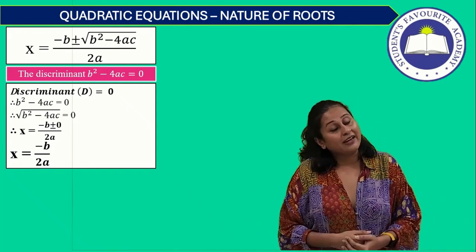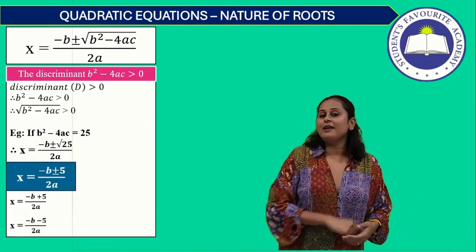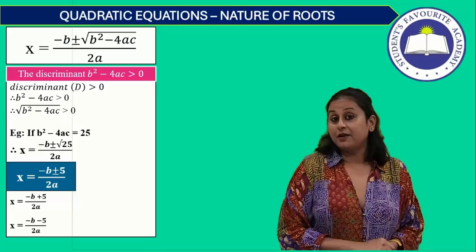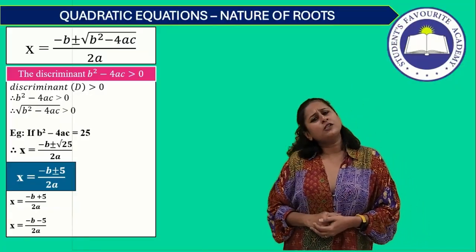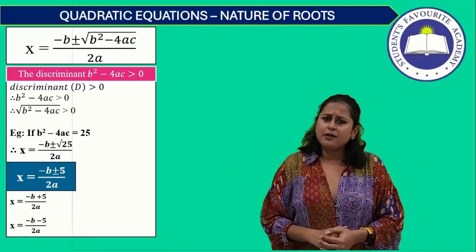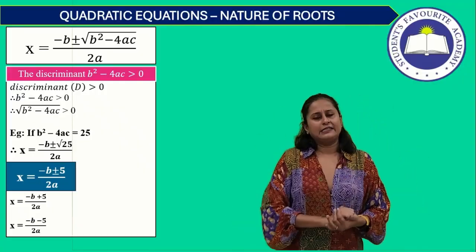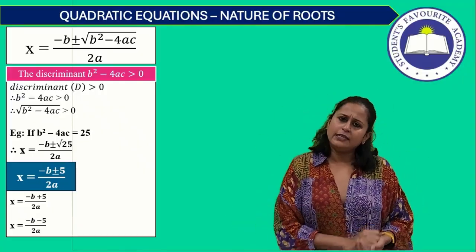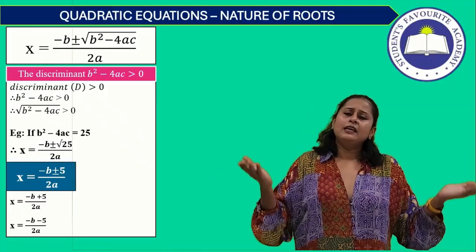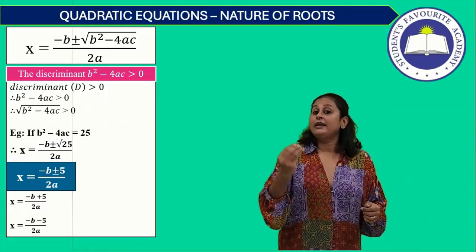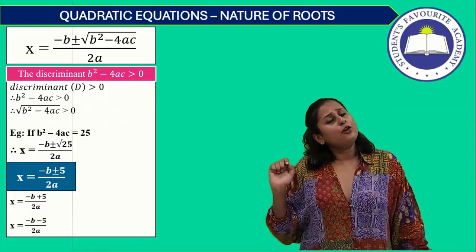However, if b square minus 4ac is a positive number, the square root of a positive number is also a positive number. It is a number that will affect your root. If, for example, b square minus 4ac of any given equation is equal to, let's say, 25, what is the square root of 25?